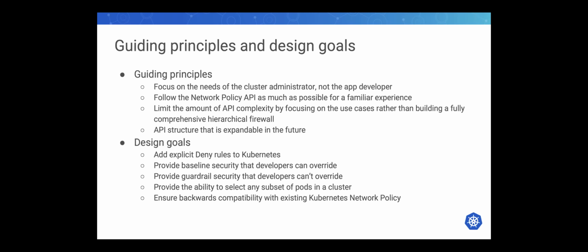What we mean by this statement is that we do not intend to change any inherent qualities of Kubernetes network policy. We don't plan to change its behavior or the expectation.